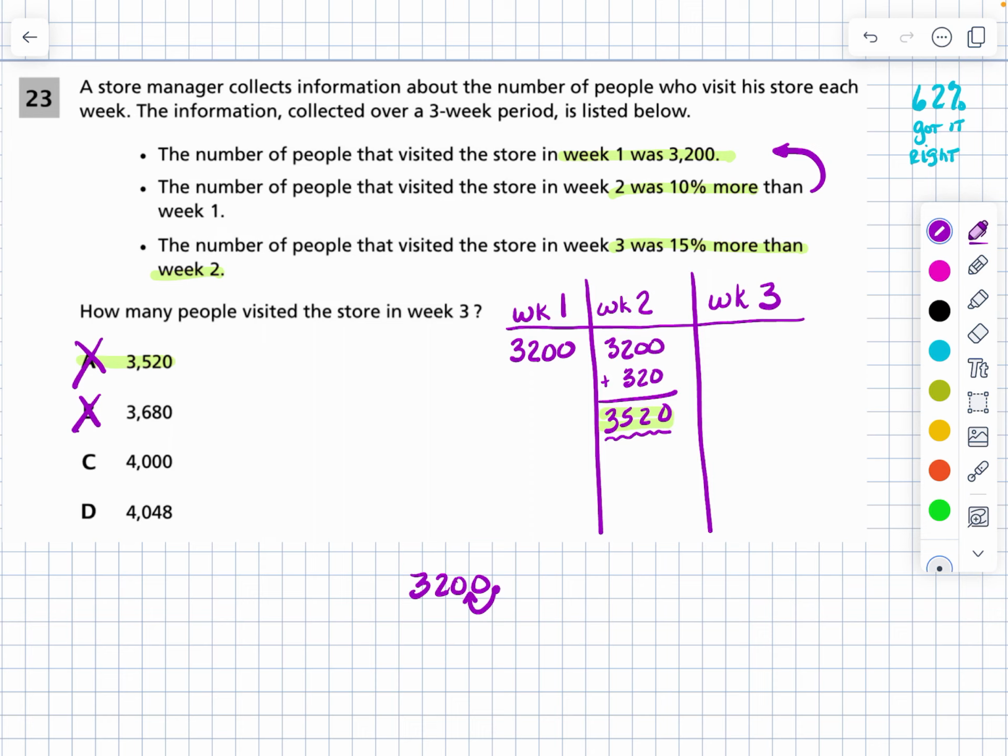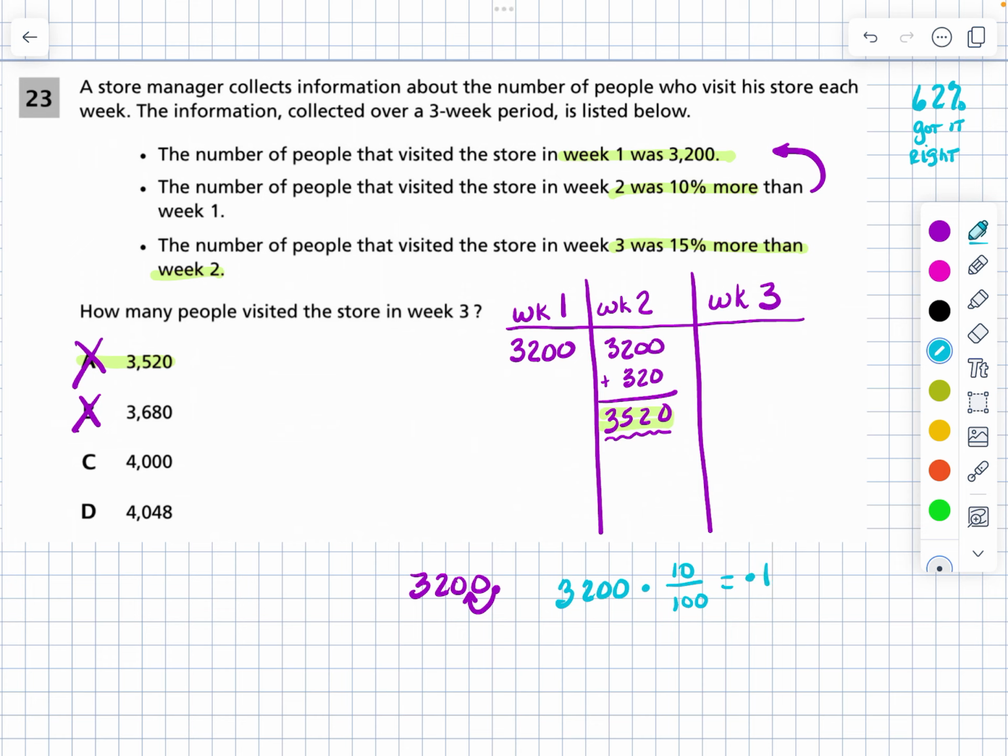But let me go back just a second, and I'm going to show you how to figure out 10% of a number if you don't just see it. I'm going to show you that this works. So 3,200 times 10%, which is 10 over 100, and 10 divided by 100 is 0.1.